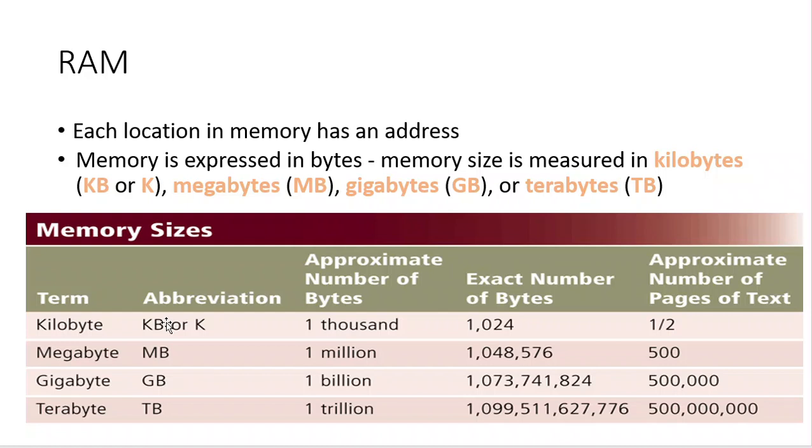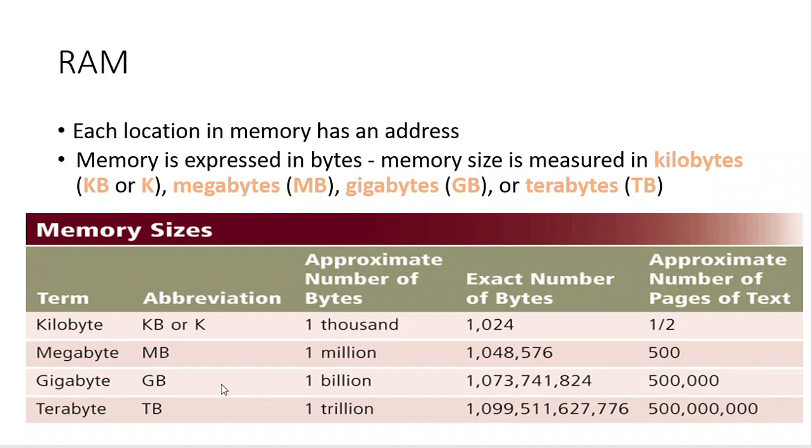Okay. Jadi sebab itulah 2 kuasa 10 adalah 1024, dan megabyte 2 kuasa 20 yang akan dapat 1048576. Mega ni 10 kuasa 6. Okay, gigabyte 2 kuasa 30. 1 billion, or 10 to the power of 9.